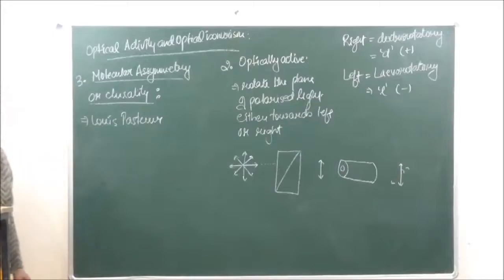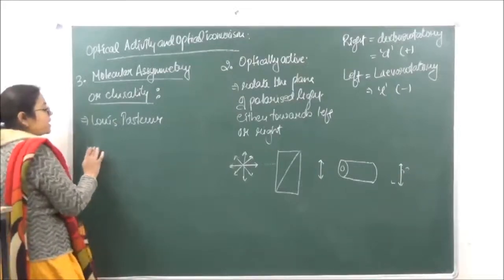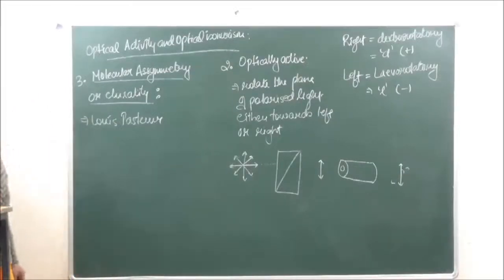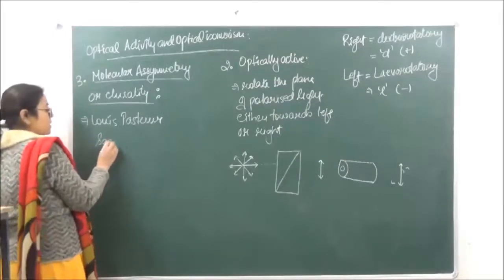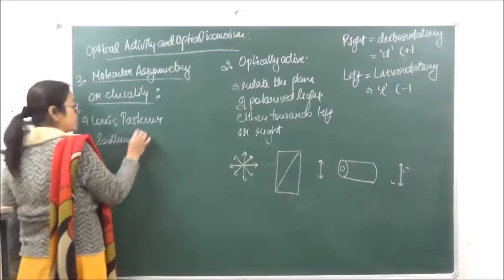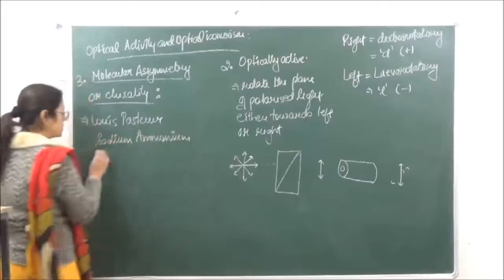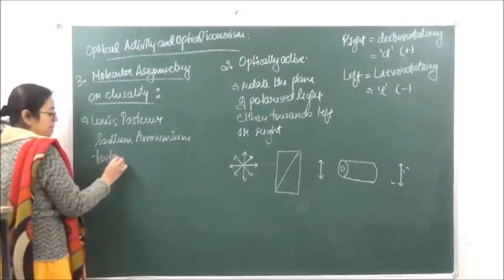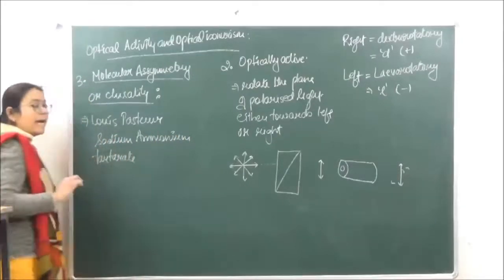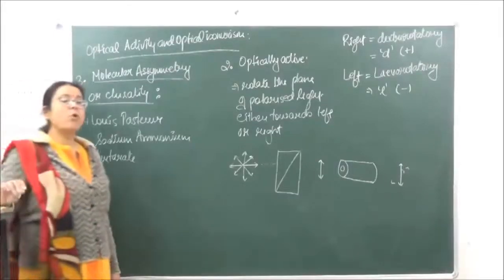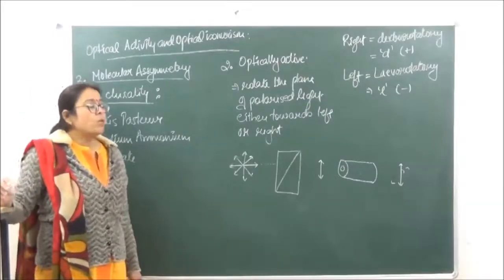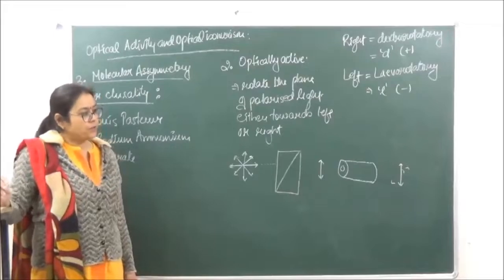He observed that crystals of certain substances exist in two forms. For example, he had taken a crystal of sodium ammonium tartrate. He saw that they existed in two forms which were mirror images of each other.